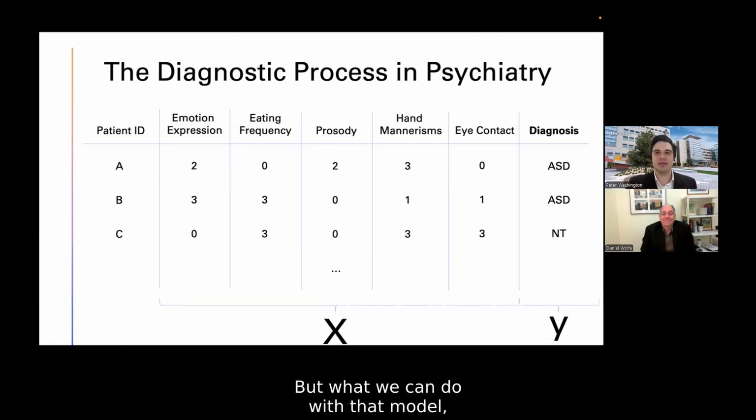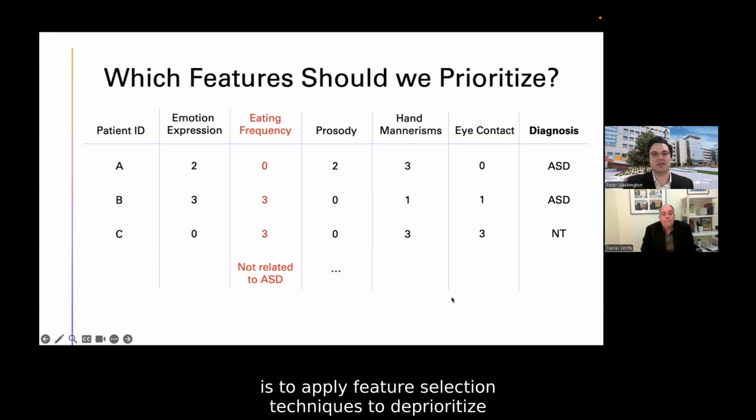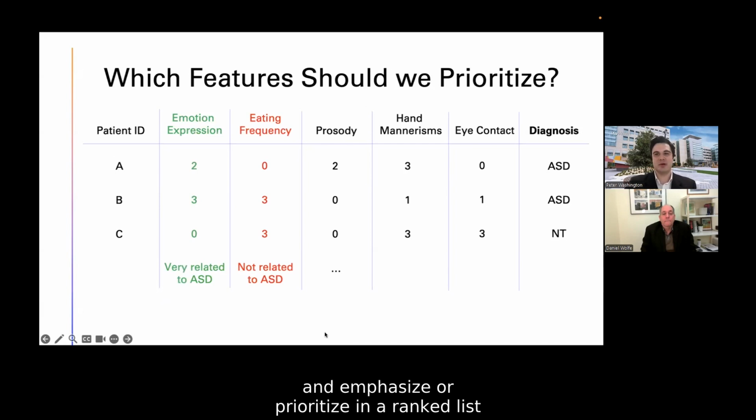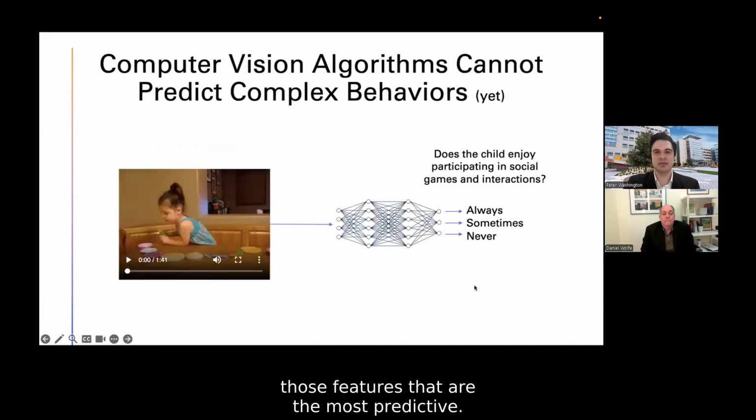But what we can do with that model, if it's learning nonlinear interactions and collinear features and things like this, is to apply feature selection techniques to deprioritize those features that might not be as predictive for autism, and emphasize or prioritize in a ranked list those features that are the most predictive.